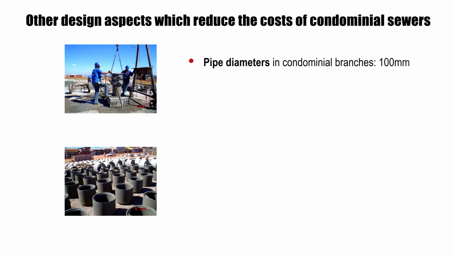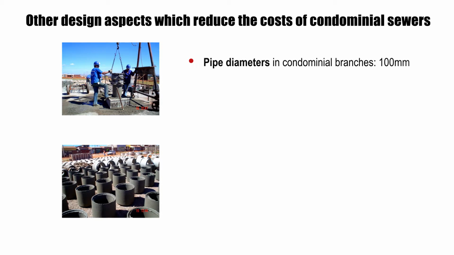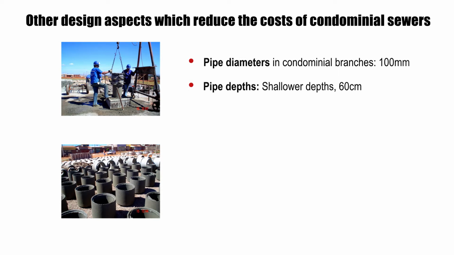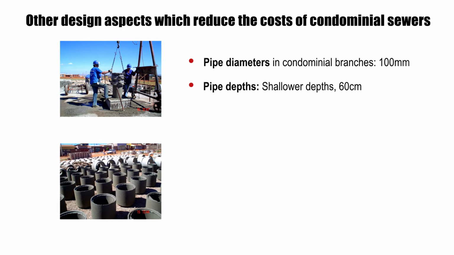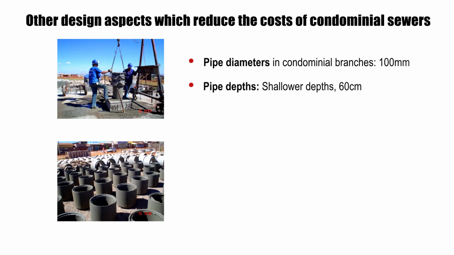Pipe diameters in condominial branches are generally minimized. Hydraulic conditions permit a diameter of 100 millimeters. Shallower depths of pipes can be used when sewers are laid in front or in the backyard or under the sidewalks, thus avoiding traffic-bearing sites, so as to get as little as 60 centimeters, reducing the amount of excavation required.